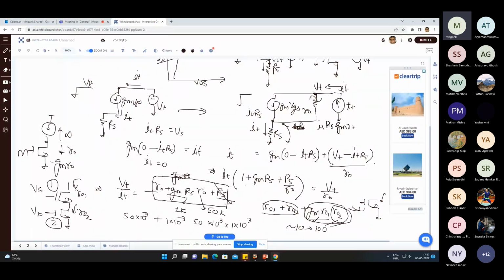Because this ITRS is nothing else but the VGS of the MOSFET, and this ITRS multiplied by the GMRO is going to result in a large VT at the output, because it is amplifying the ITRS, assuming that this ITRS is a small value compared to the magnified voltage, GMRO times ITRS. So there I can clearly see why, by applying this IT, I'm getting a large VT over here. And therefore, you can correlate it with this expression, why this GMRO multiplication factor comes into the picture, and why the impedance looking into the drain of the MOSFET is equal to RS times the intrinsic gain of the MOSFET. Is that clear to all of you?